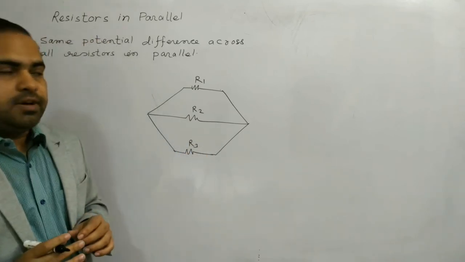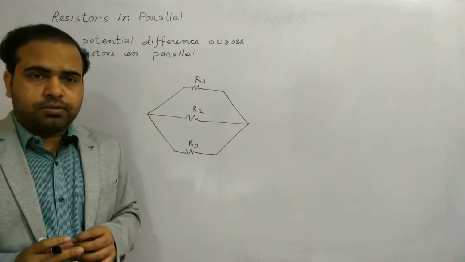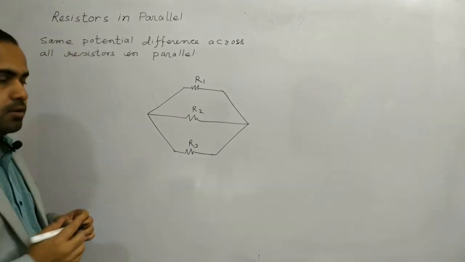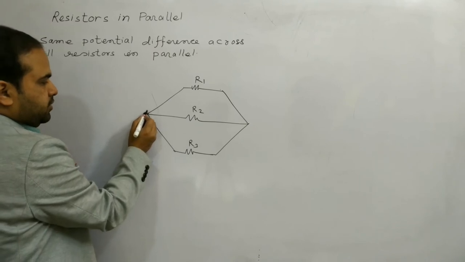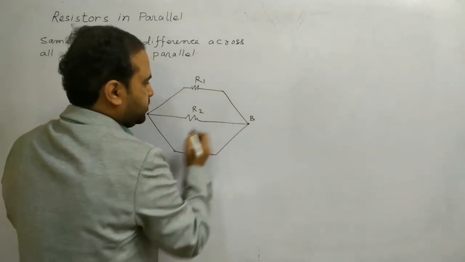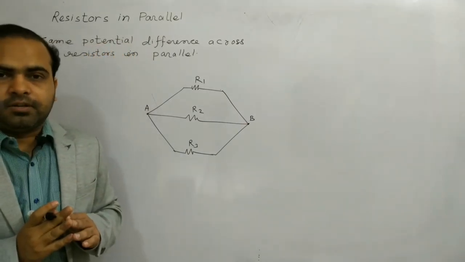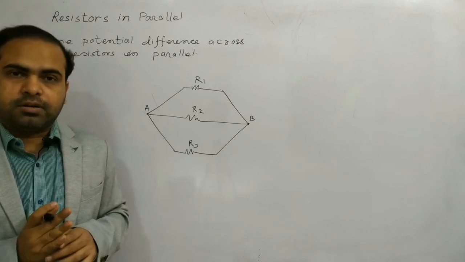Now we have to identify whether it is in parallel combination or not. This is point A and this is point B. So across point A and B, we have to find out if it is in parallel or not.